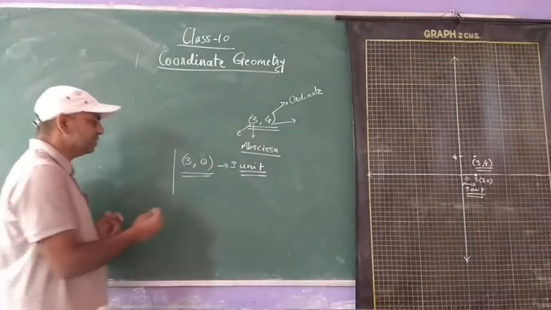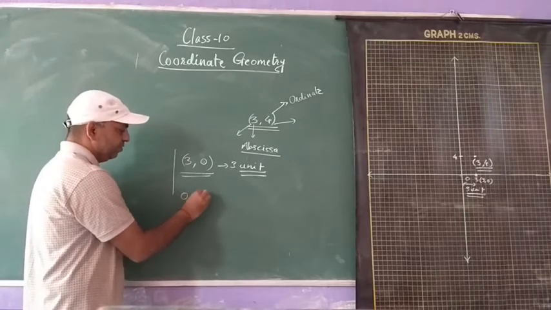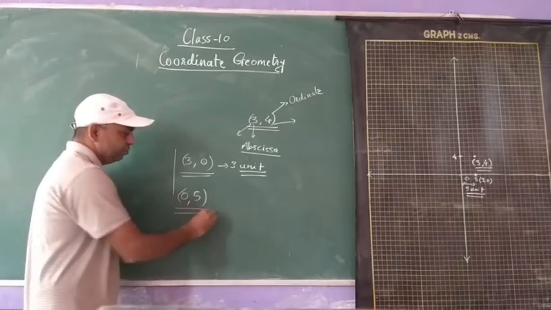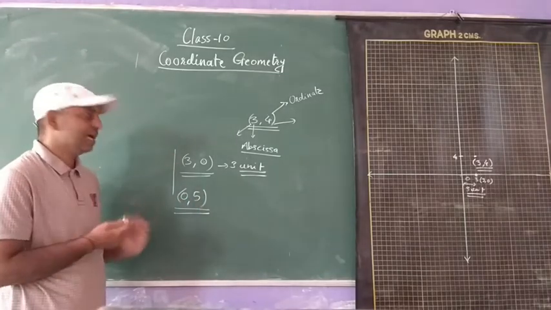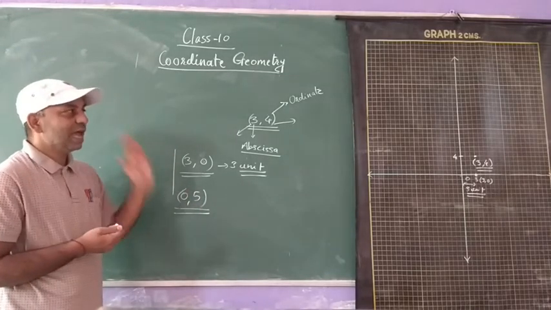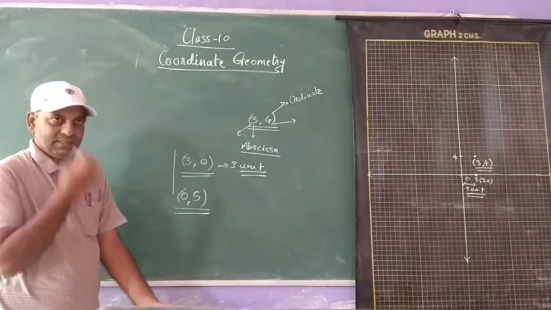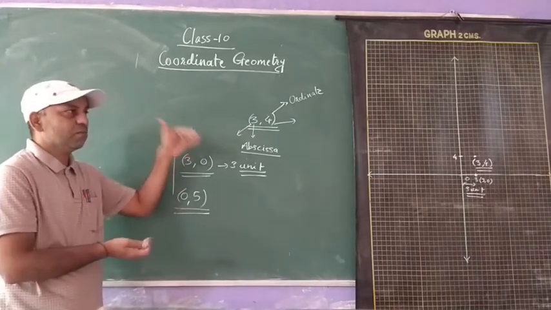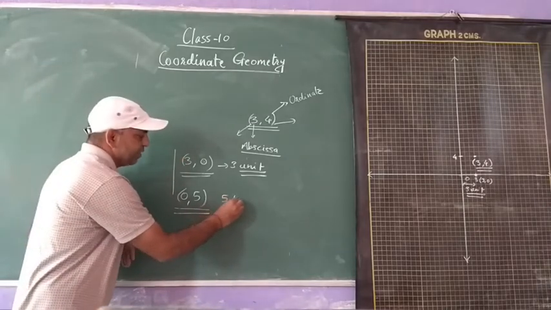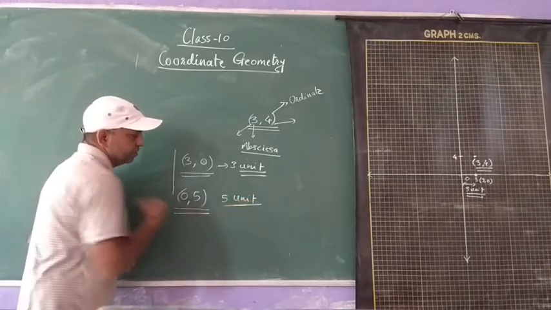Now suppose another point is given, (0, 5). Here the abscissa is 0 and the ordinate is 5. It means this point lies on the y-axis, and its distance from the origin is 5 units.